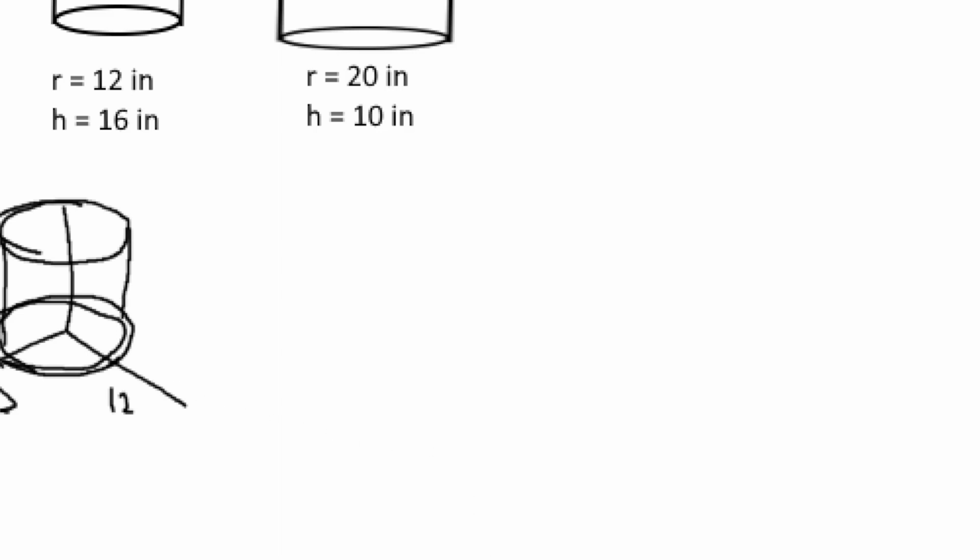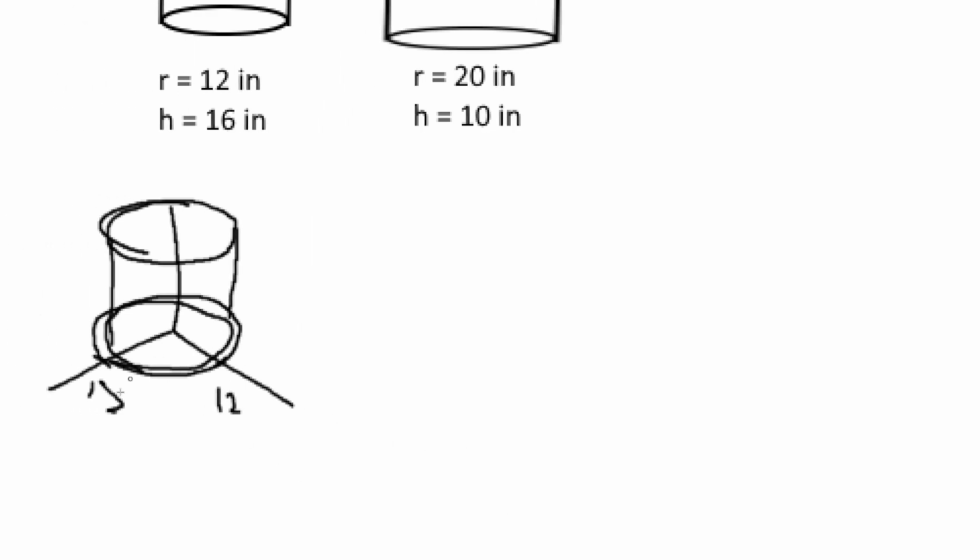Sorry, you can't even see it. This is a 12. There we go, that made it more clear. And it is 16 inches tall. We're just going to center it at the origin for the sake of simplicity.